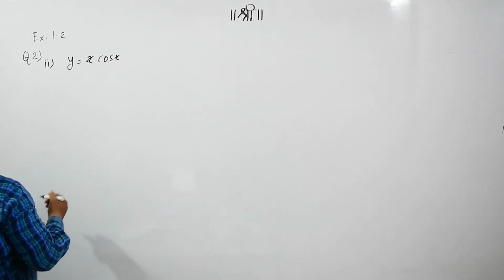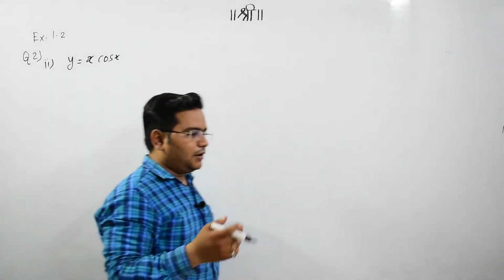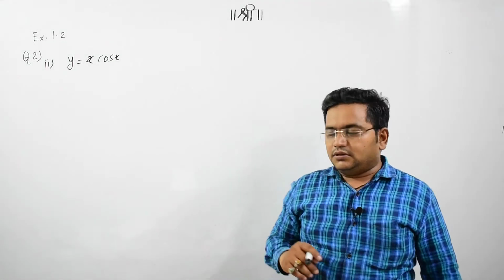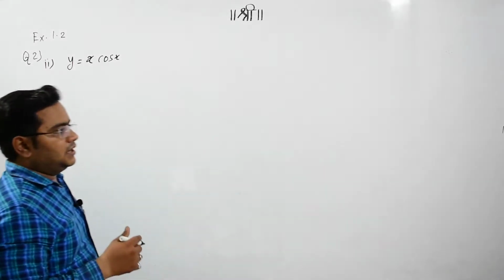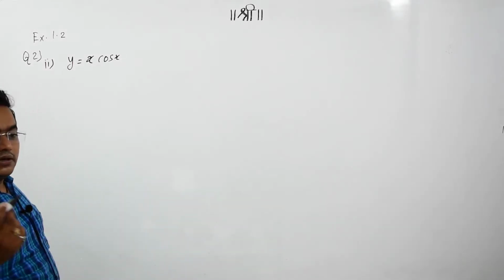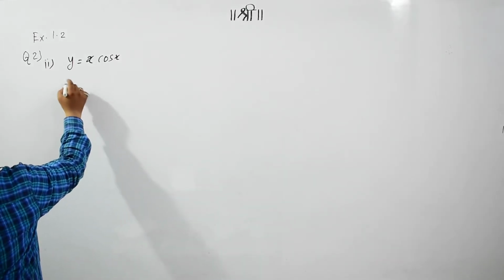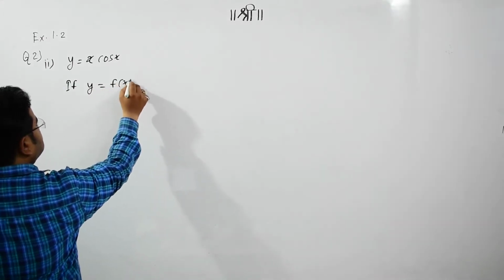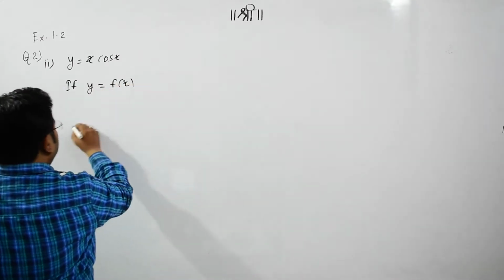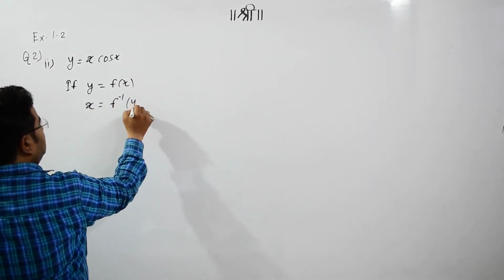Now what I would like to do is directly differentiate this function. Okay, I can get dy upon dx directly. They have asked us one important thing, that we need to differentiate it and find the inverse. So what is the inverse of this function? If y is equal to f of x, then x is equal to the inverse of y.